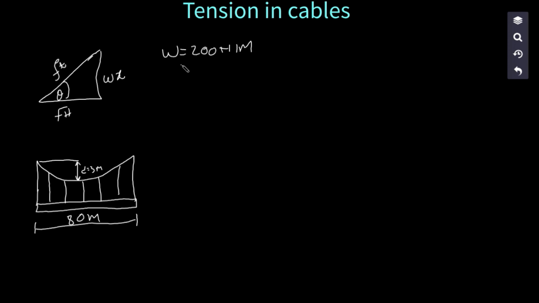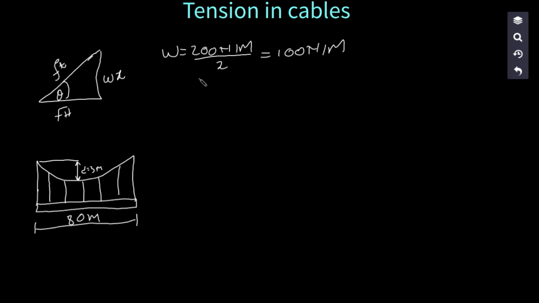This uniformly distributed load that they are giving us, because we have two cables and the calculations that we are doing here are based on one cable, we will have to divide it by 2 because both cables will take half of this load, and this will give us 100 Newton per meter.